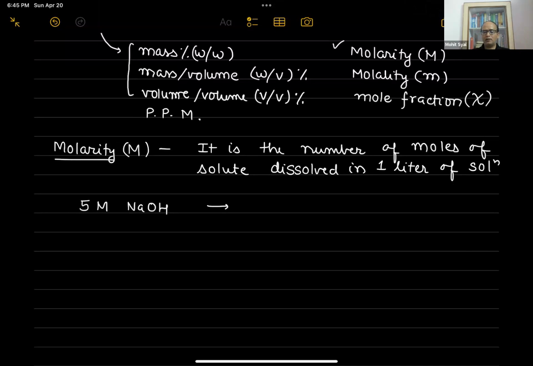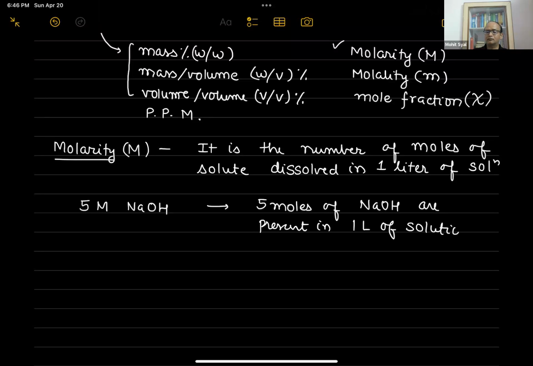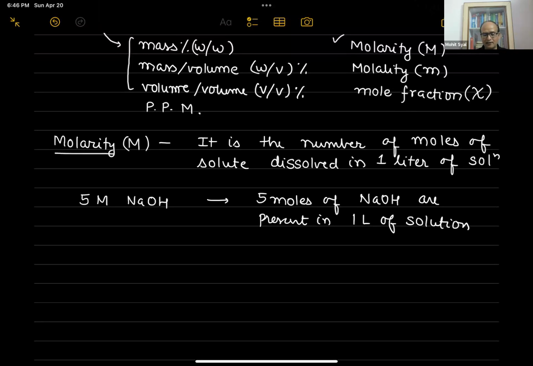Okay, so 5 moles of NaOH are present in 1 liter of solution. Got it? This is the definition and this is the representation.